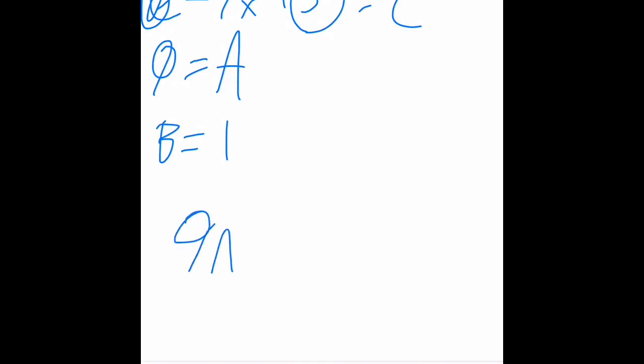And then by, b would just be 1, since there's nothing here. And then 5 is the c. So to write this in standard form, it would just be 9x plus 1y is equal to 5.